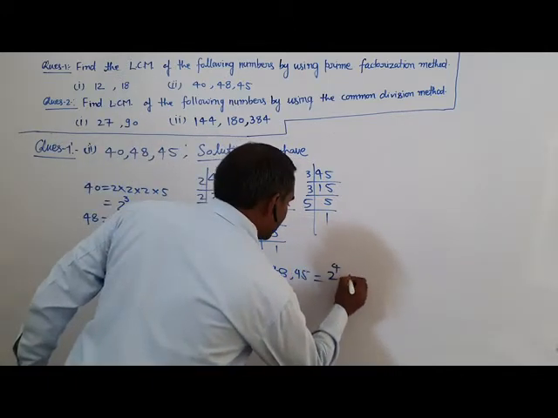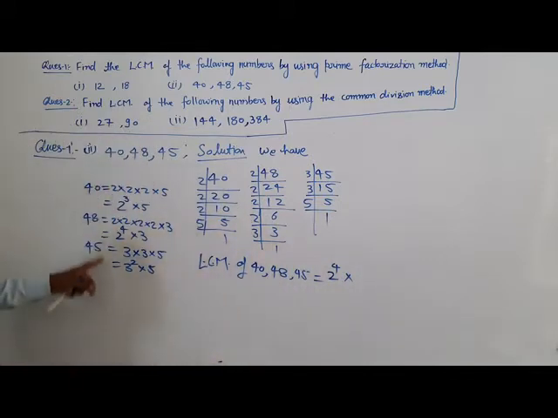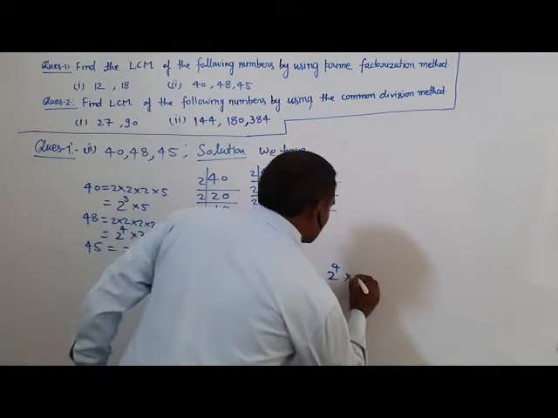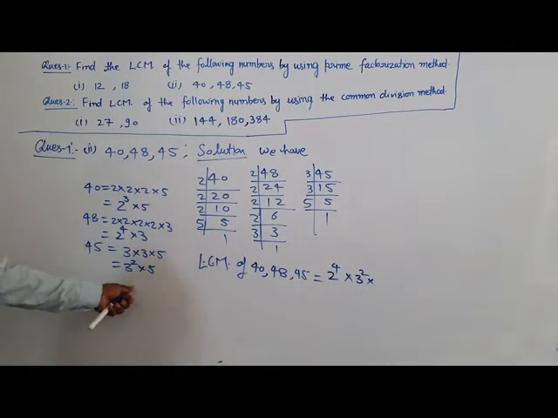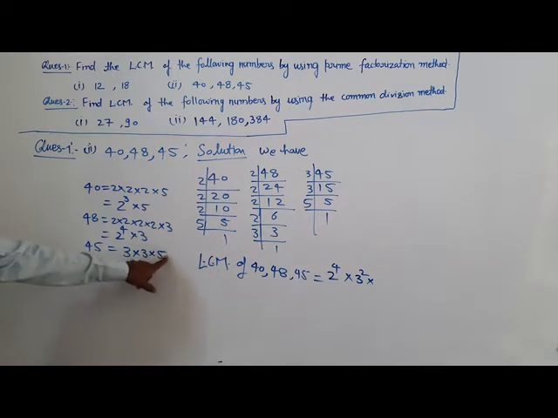Now take 3: the power of 3 is 1 time here, and 2 times here, so we write 3 raised to power 2. Into 5: here 5 is 1 time, and here also 5 is 1 time.